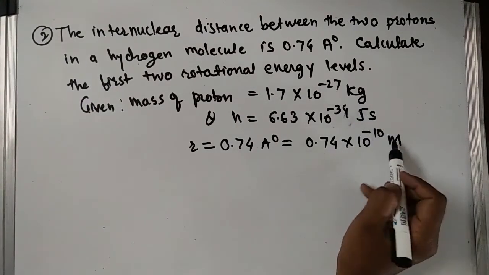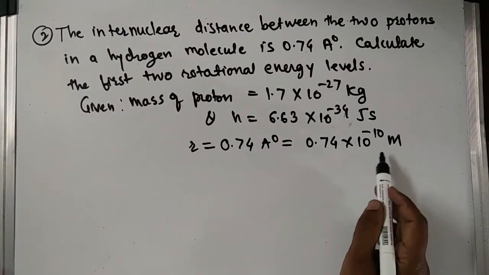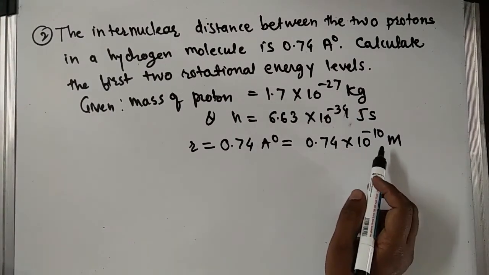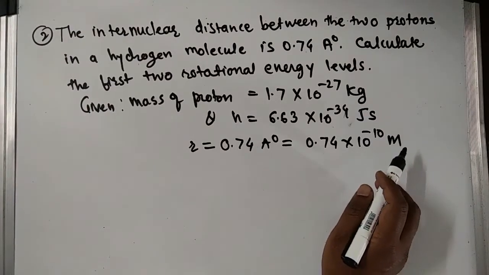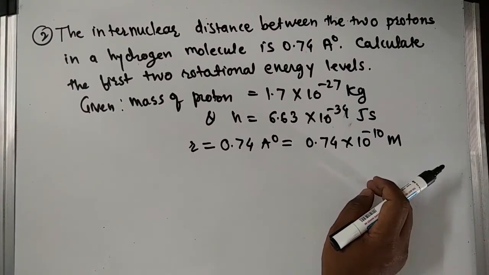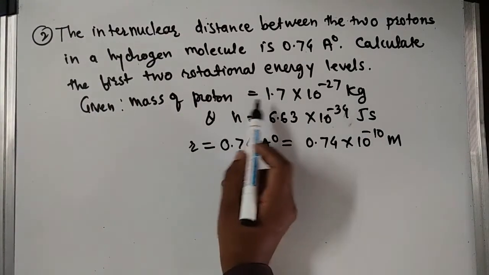Since all the quantities are in SI units, it is better to convert all the quantities into SI units. Now what we have to calculate is the first two rotational energy levels, and the mass of proton is given.